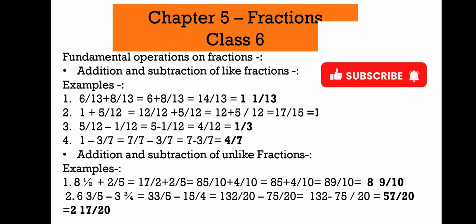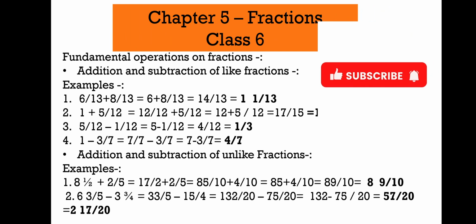So we are multiplying 33 by 4, which gives you 132 upon 20, minus, we have to multiply now this by 5, so 15 5s are 75 and 4 into 5 is 20.